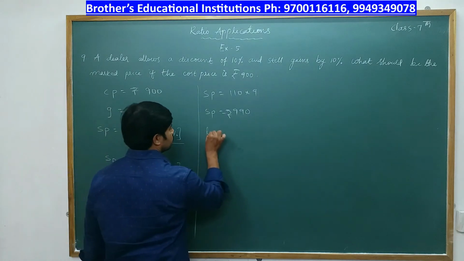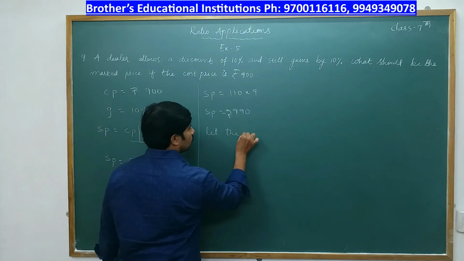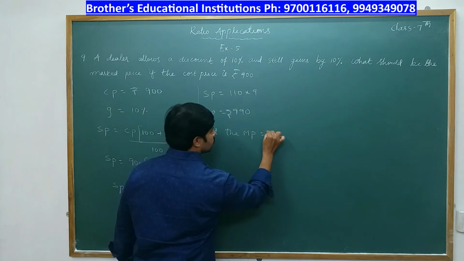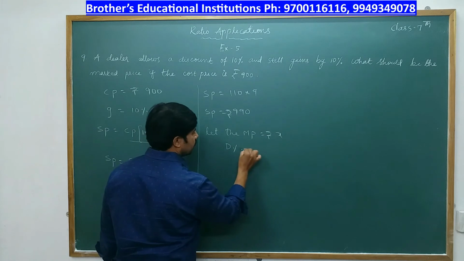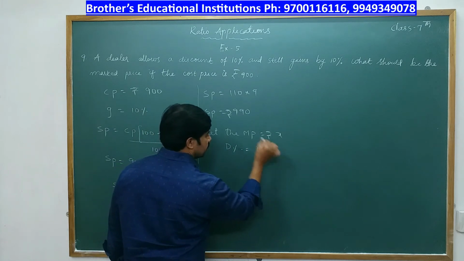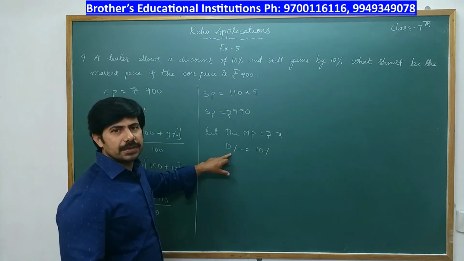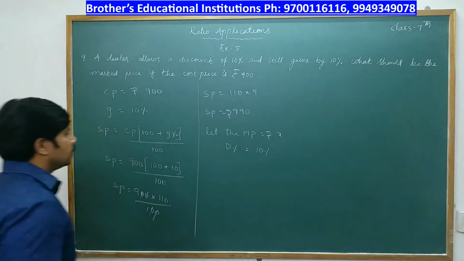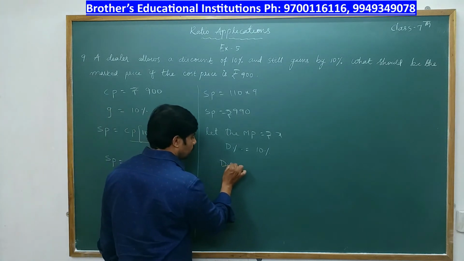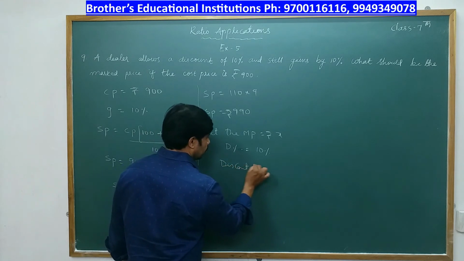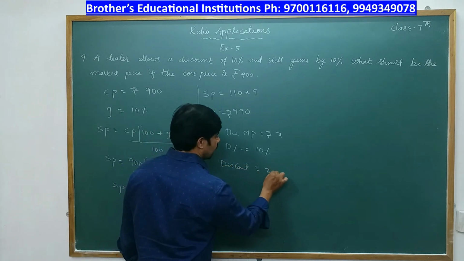So let the marked price we assume as rupees X. Now what is the discount percent given? Discount is given as 10%. So now we'll find out the discount. Discount is calculated on marked price.